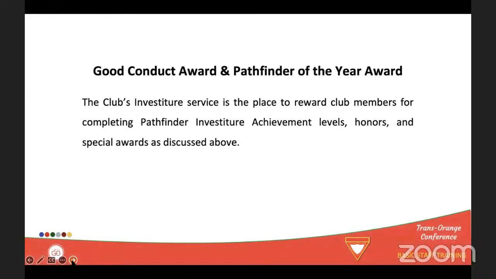Good Conduct Award and Pathfinder of the Year Award. The club's investiture service is the place to reward club members for completing Pathfinder investiture achievement levels, honors, and special awards as discussed above. When everyone is there, the investiture is like a graduation. It's a graduation at church.